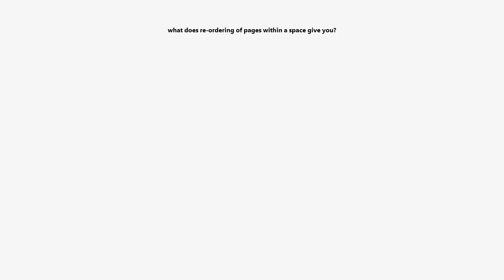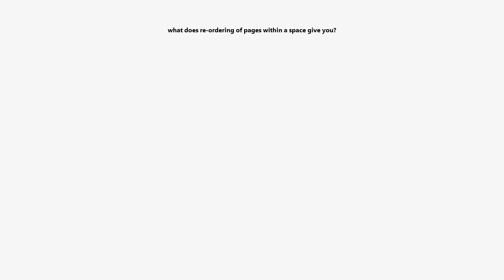So that is one of the really powerful ways to use parent pages and their children pages. And I would just suggest that you experiment with it, using that hierarchy, testing whether or not it makes things more intuitive for people to find in your organization. Cool.